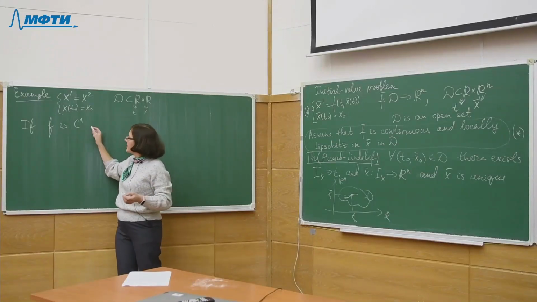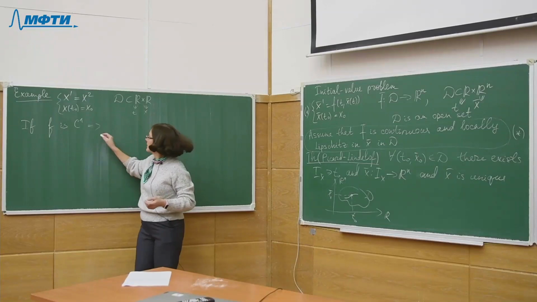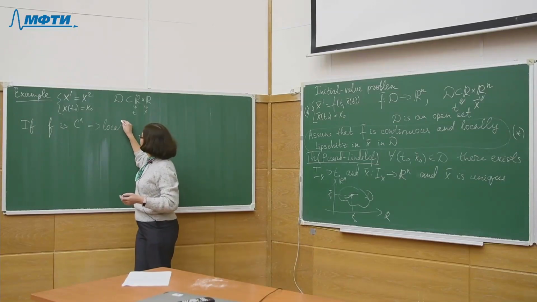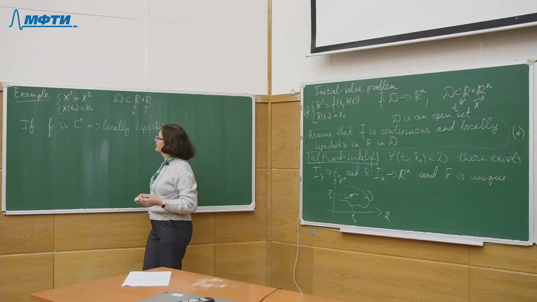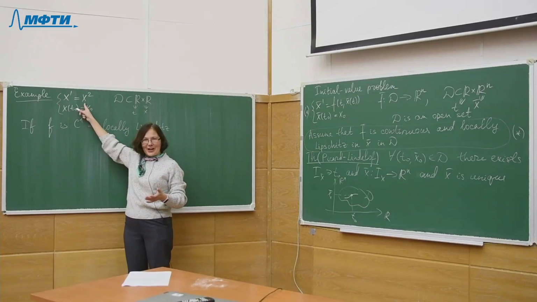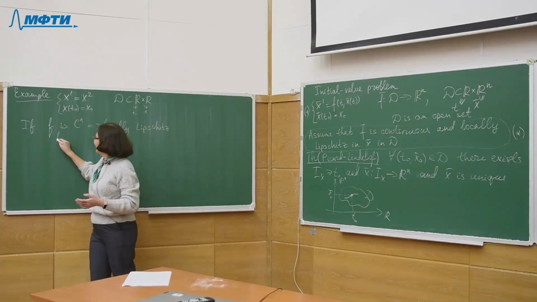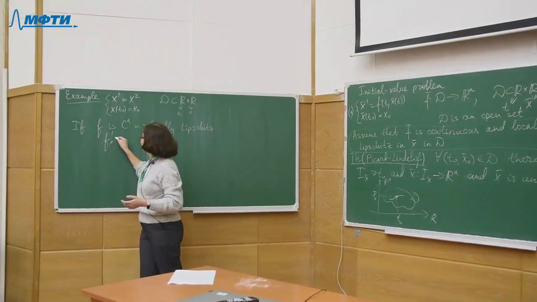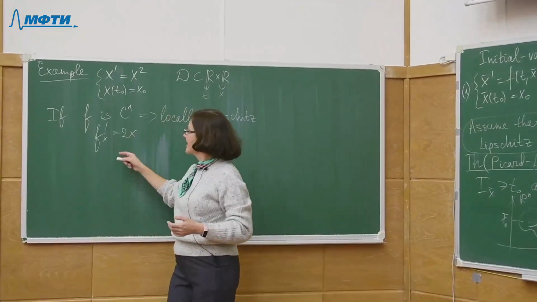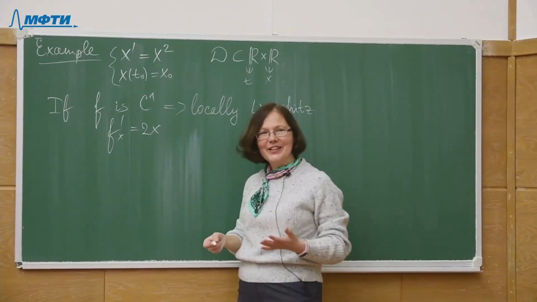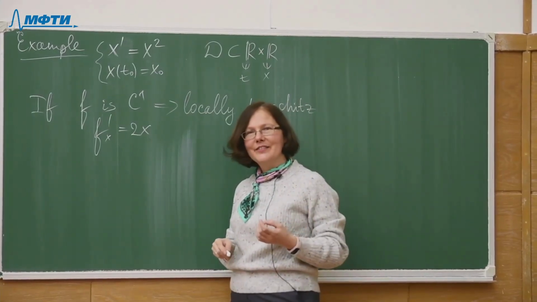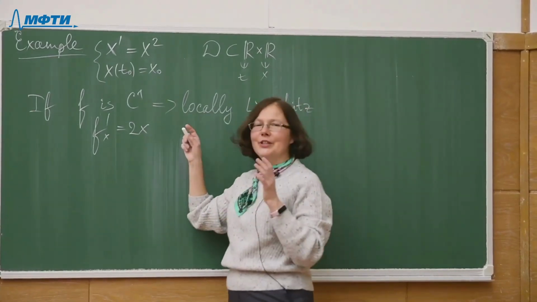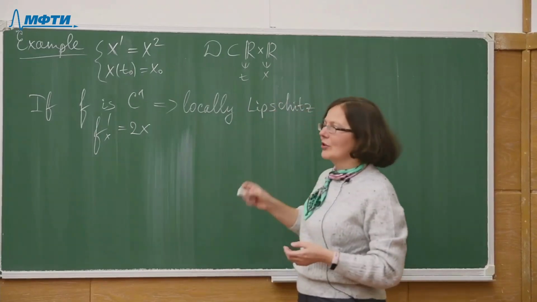If f is C1, then it is locally Lipschitz. So this function is differentiable, right? The derivative is equal to 2x. This function is continuous, so this function is C1, right? Clear? So it is C1, and so it is locally Lipschitz.